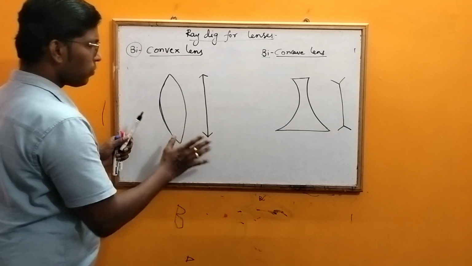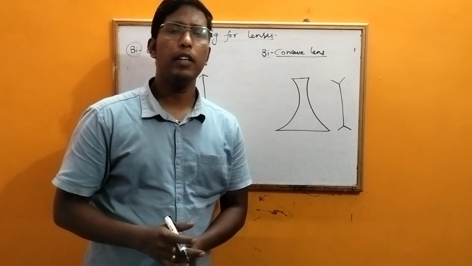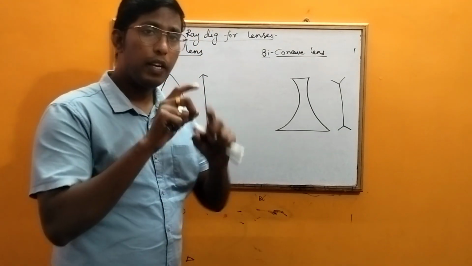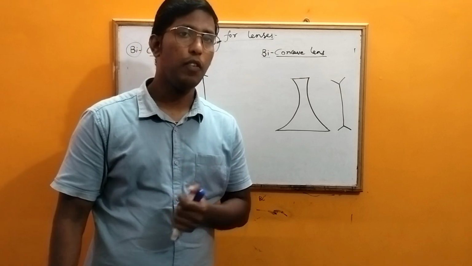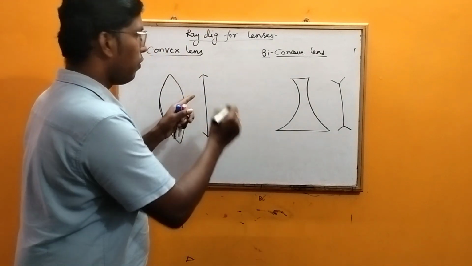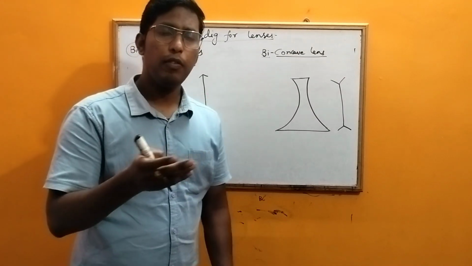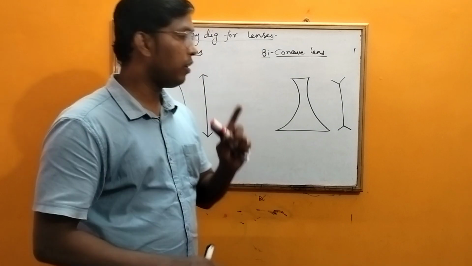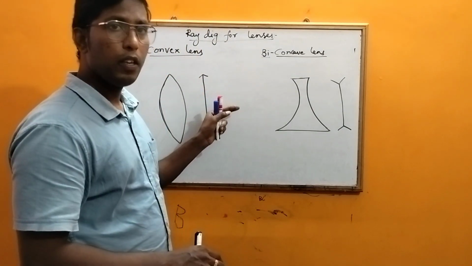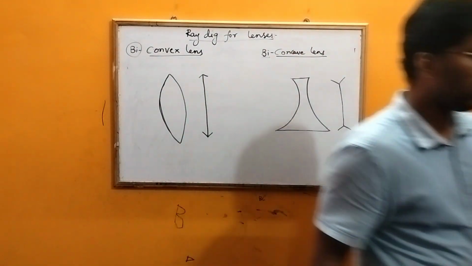As we have learnt in mirrors, there are conditions. We get 6 types of ray diagrams for concave mirrors. In mirrors, we have 6 types of rules, or 6 types of different image formations and conditions.